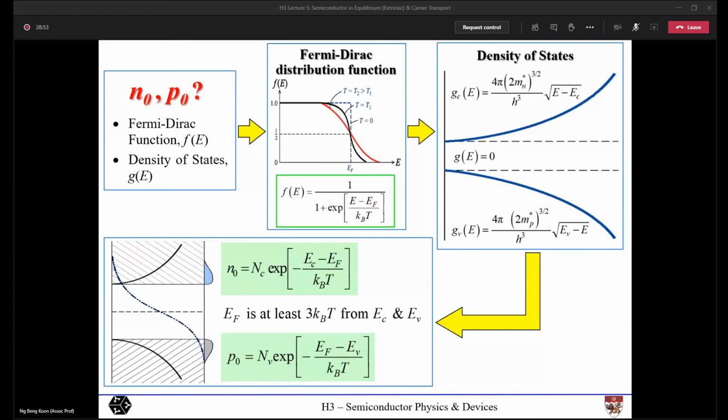We say that if the Fermi level is at least 3 k_B T away from the conduction or valence band edge, then the condition is satisfied. So if you need to check whether this equation can be used, you can use k_B T as a reference amount to see whether it satisfies the condition or not.